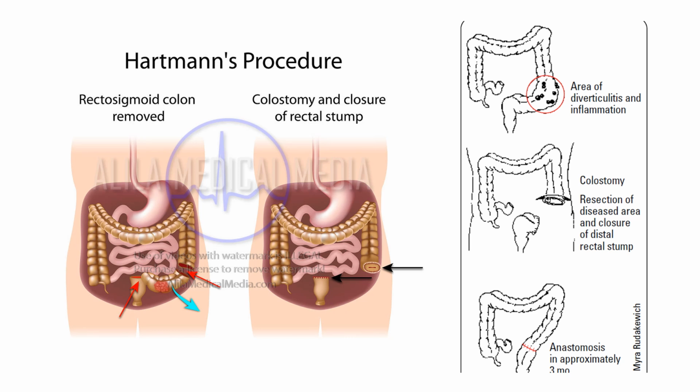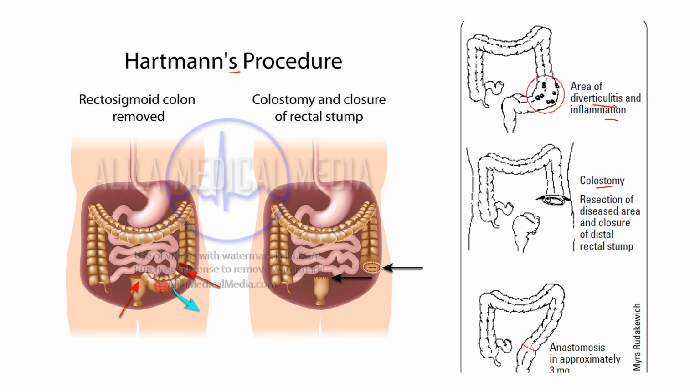Okay, so as I mentioned, this is a word on Hartmann's procedure. So what is Hartmann procedure? Suppose there is an area of diverticulitis and there is inflammation, and there is an active perforation or it's very severe. So you can't do a resection and anastomosis right away. Instead, you do a colostomy.